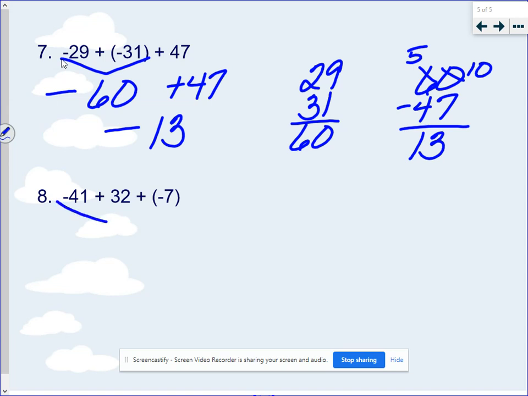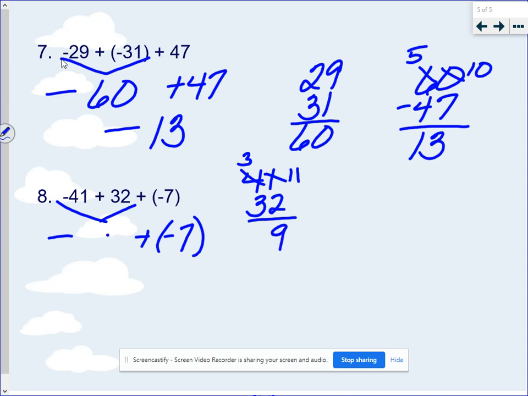Again, we're just going to deal with the first two numbers, which means this negative 7 just has to wait. So we have different signs. So we will take the difference and keep the sign of the larger. Our larger number is negative, so we will keep a negative answer. The difference between 41 and 32 is 9.